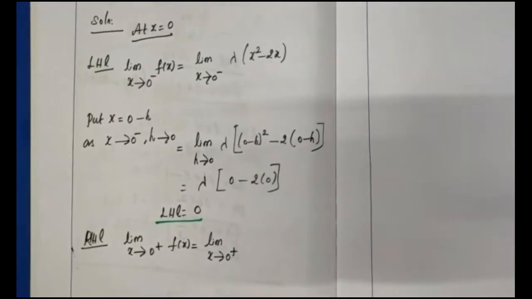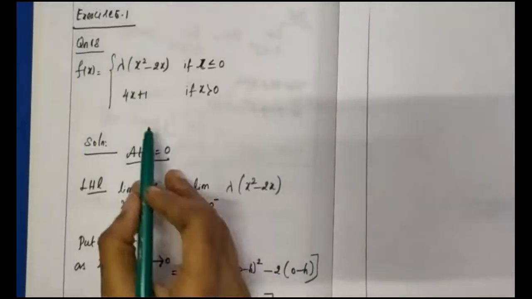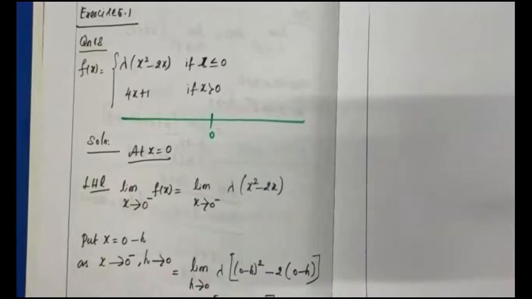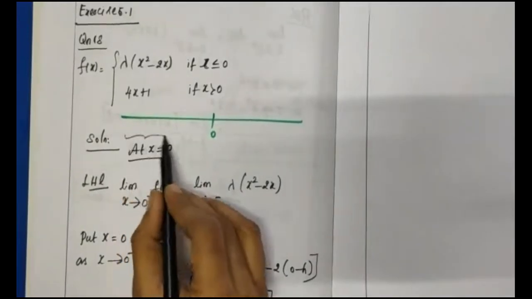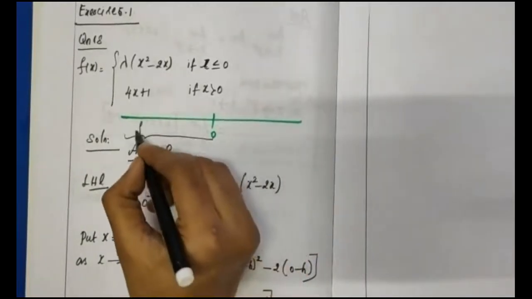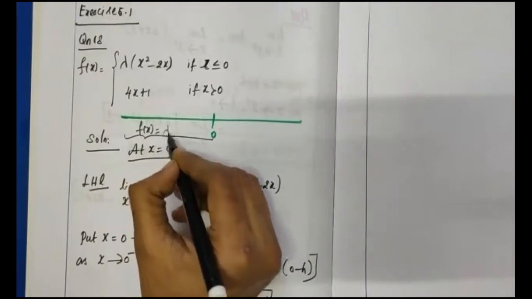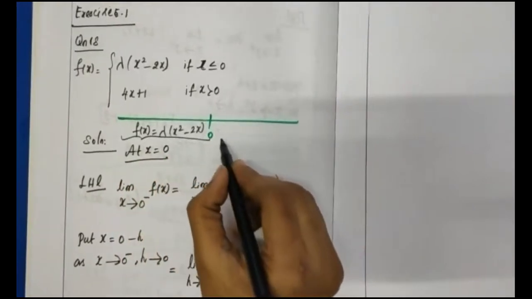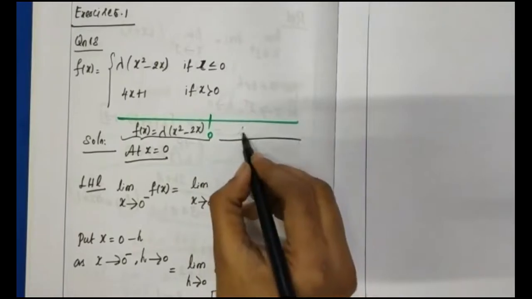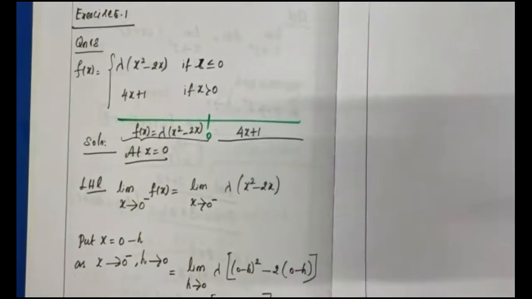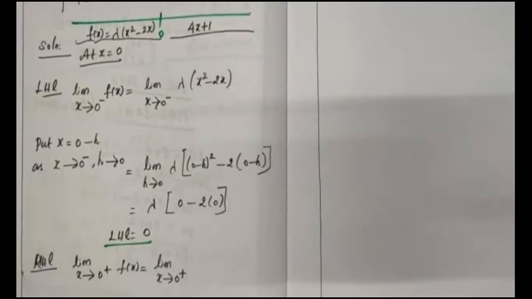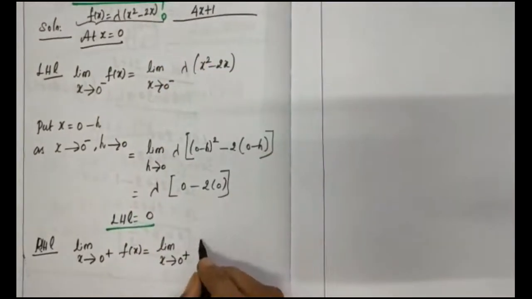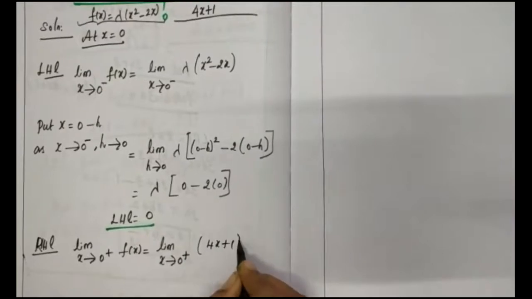On the number line, that is 0: leftward of 0 and including 0, f of x is lambda x square minus 2x, and for x greater than 0, it is 4x plus 1. So for 0 plus, the right side of 0, the function is 4x plus 1.